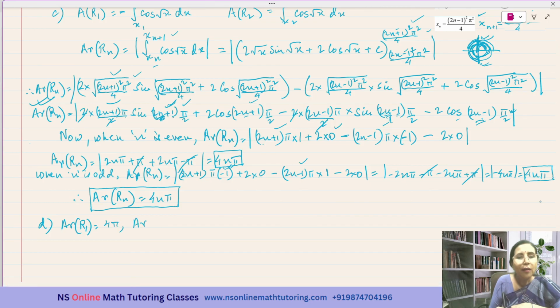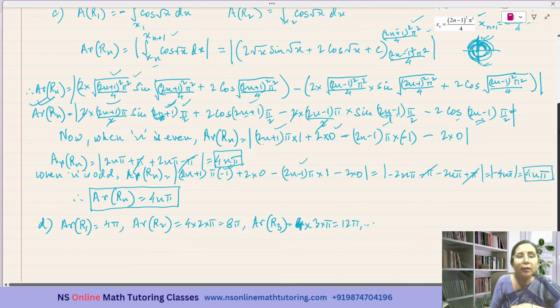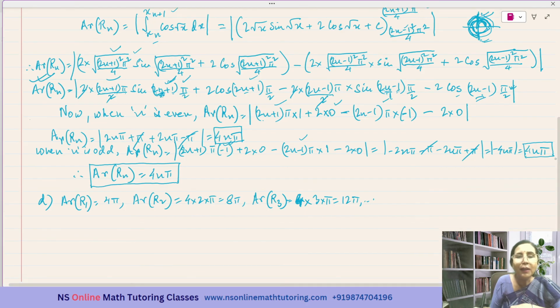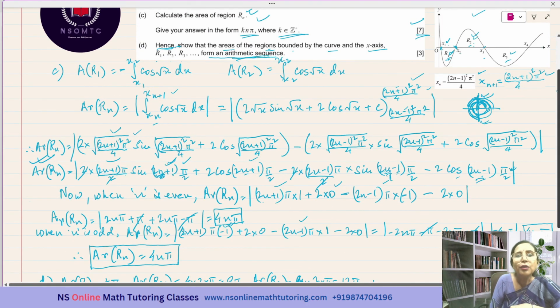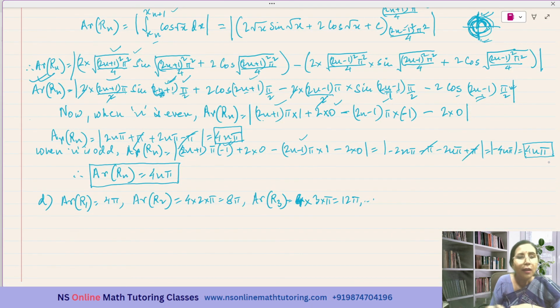Area of R2 is equal to 4 times 2 times π is equal to 8π. Area of R3 is equal to 4 times 3 times π, it is 12π, and so on, okay? So therefore, they are saying that these areas form an arithmetic sequence. So there should be a common difference between them.